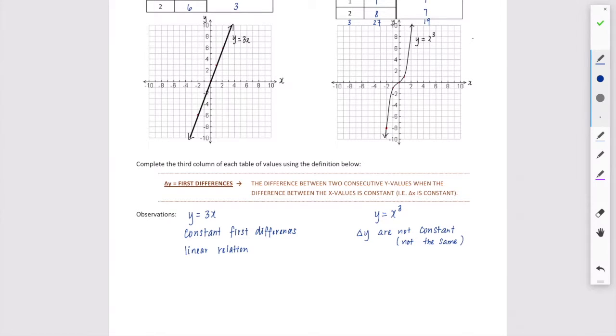So you hear this word a lot in math, right? Something's not constant, that means they're not the same. Okay, so what does that mean? That means that we will see a curve instead of a line on a graph, and we call anything that doesn't look like a line on a graph a nonlinear relation. Okay.